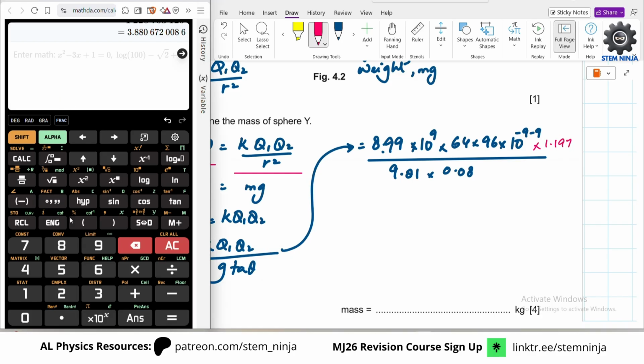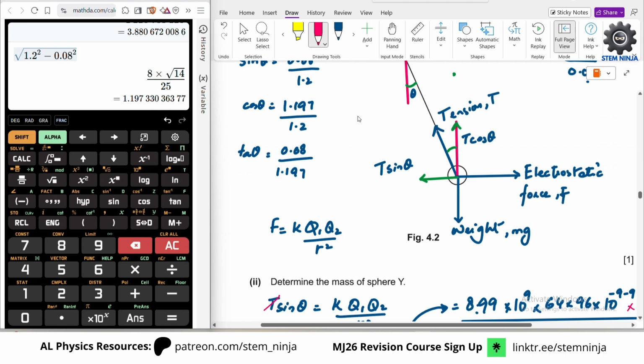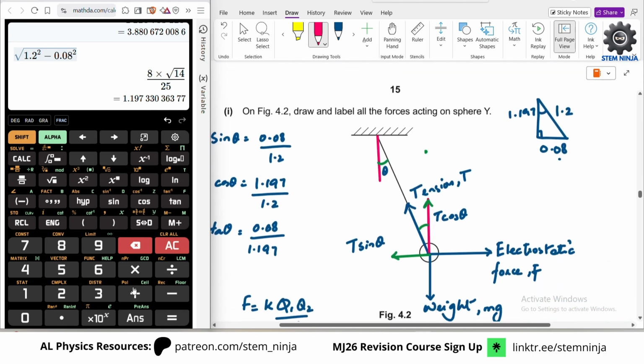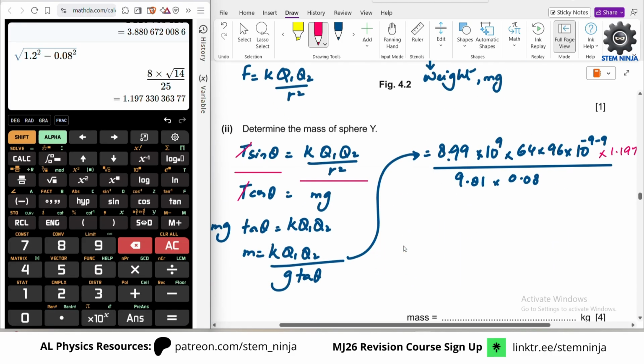Okay. So did we calculate this? No. So 1.2 whole squared minus 0.08 whole squared. Both were in meters. Okay, so let's keep this as it is.